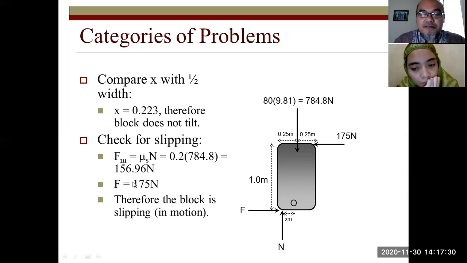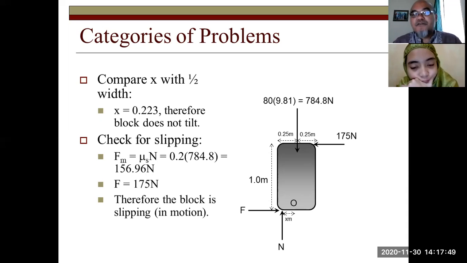The force of 175 Newton is well above the maximum static friction force. Therefore, the block is already in motion. It does not tilt, but it is already moving.